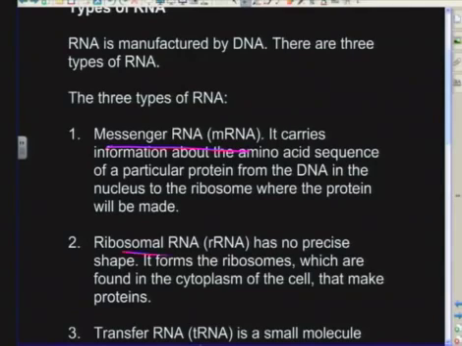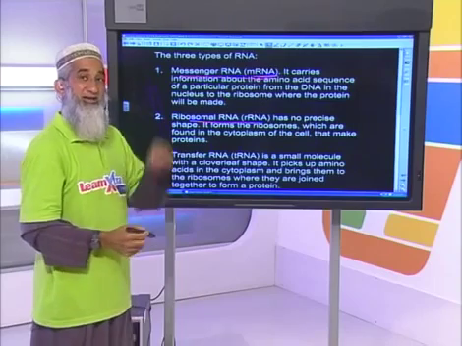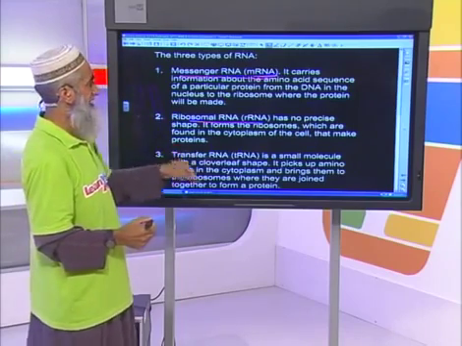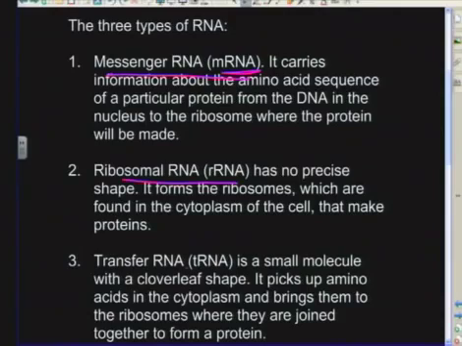Secondly, ribosomal RNA. Notice the abbreviations used. These are standard abbreviations. You can use them in your answers. mRNA can be used for messenger RNA. rRNA can be used for ribosomal RNA. And tRNA can be used for transfer RNA.